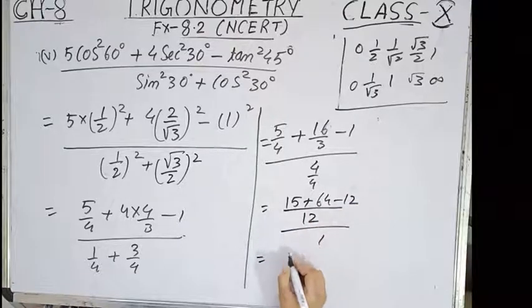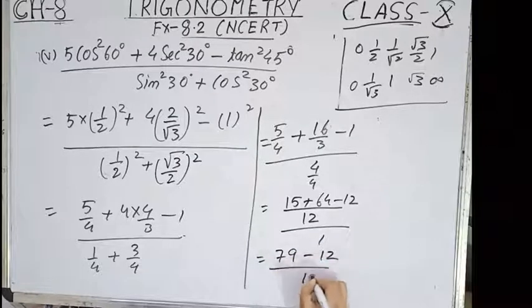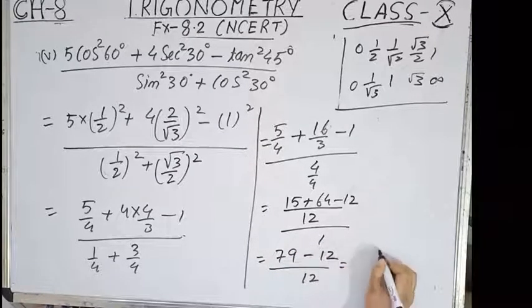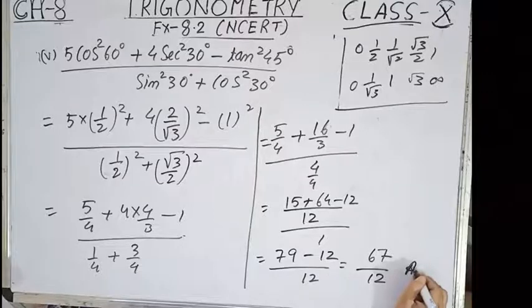So this will be equal to 15 plus 64 minus 12 by 12, that is 67 by 12. So answer should be 67 by 12. Let us once see 8.2. It is correct. So this one is the correct answer. Now let us move to question number 2.